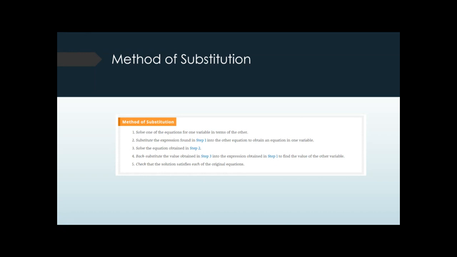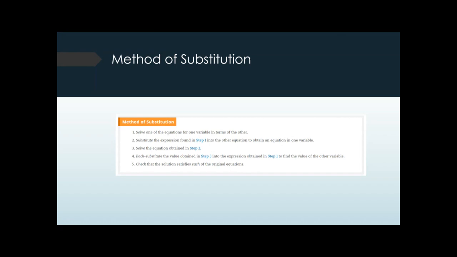So you take your answer from solving and you plug it into the equation that you started with. And that will give you the other variable. And then you check your solutions to make sure that it actually works. You'd have to check your solution in both equations to make sure that it is indeed a point on both equations.